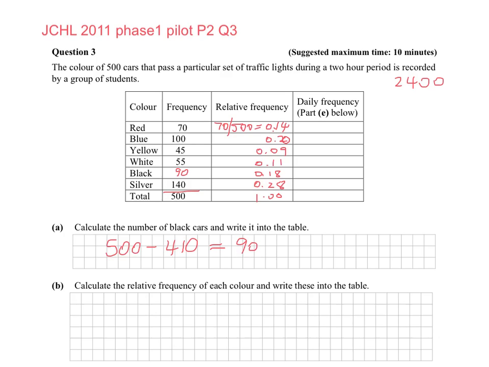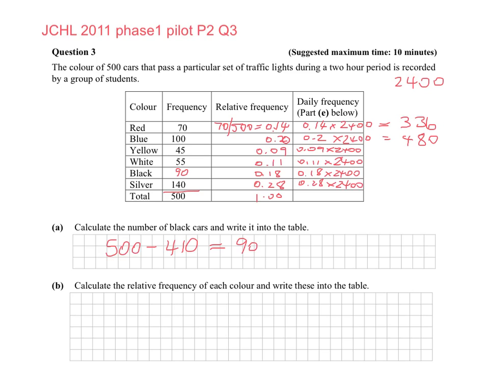If we know the 14%, 0.14, were red, then we can do 14% of 2,400 and we get 336. And then for 20% being blue, 20% of 2,400 is 480.